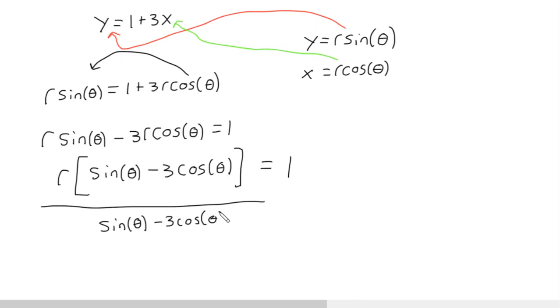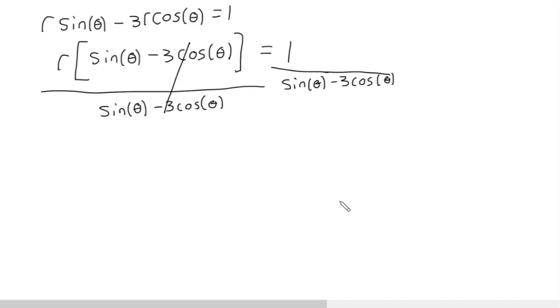So you can see that if I divide the left-hand side by this, it's going to cancel, but I also have to divide that 1 by sine theta minus 3 cosine theta. Sorry, it's a little messy. And lastly, I'm just going to rewrite this all cleaned up. r is equal to 1 over sine of theta minus 3 cosine theta.